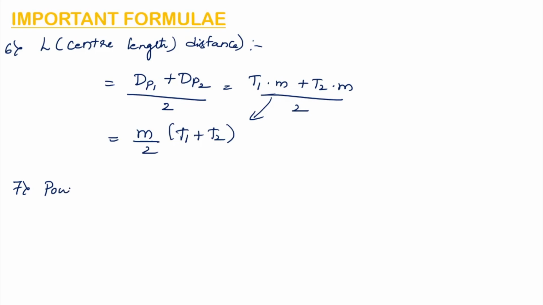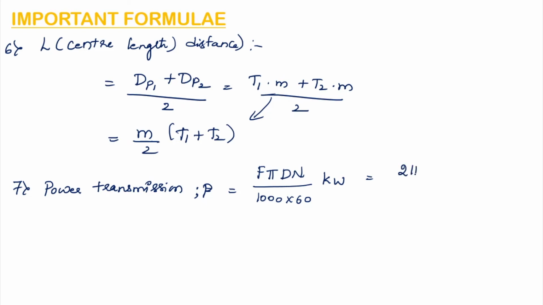Next, power transmission. If they ask us to calculate the value of power P, it is given as F pi dP into N divided by 1000 into 60 kilowatt, or you can write it as 2 pi T into N divided by 1000 into 60 kilowatt, where T is the torque, equal to F into R, where F is the force.